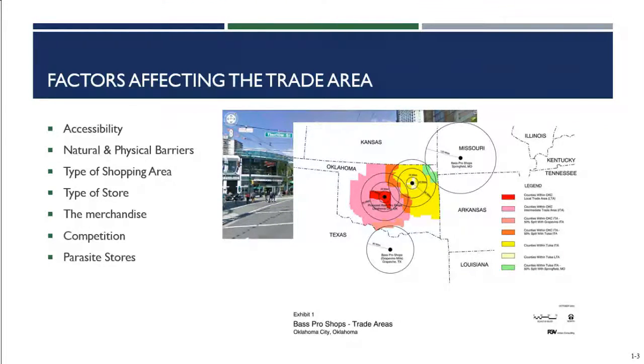Now, a parasite store is a store that's owned by your own company. Could be the exact same store, could be the Gap to Banana Republic. And so you have to make sure that your customers aren't being split between 2 areas that are too close together. So all of those different factors impact how you assess the trade area.